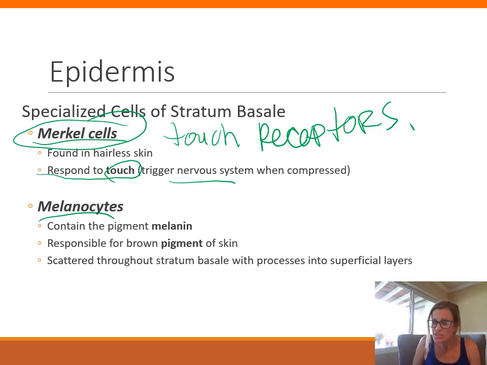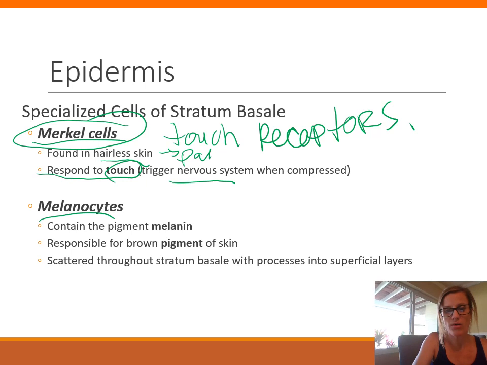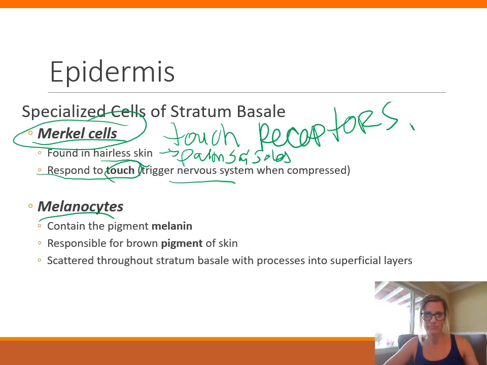Now, these Merkel cells, these specialized touch receptors, are found in hairless skin on the palms of our hands and the soles of our feet. You remember we said that the palms of our hands and the soles of our feet are the areas where we have skin that doesn't have hair, right?